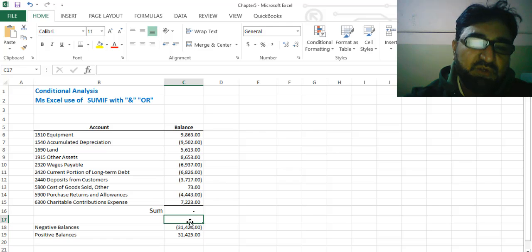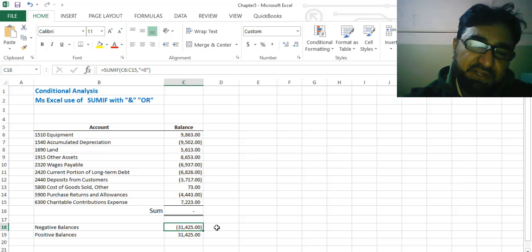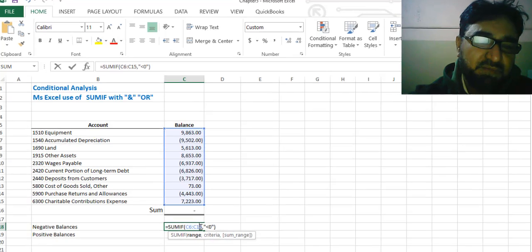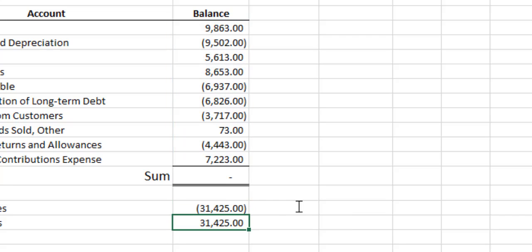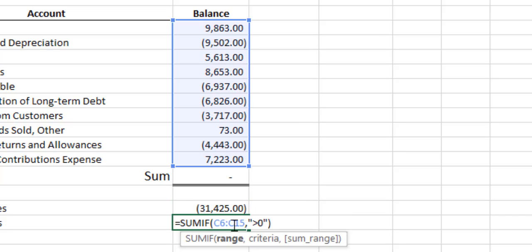But if you still want to know the total of the negative values and the total of the positive values, you can use this formula. SUMIF(C6:C15,"<0"), this will give you the negative value, and similarly, beginning your formula with the equal sign, write the function SUMIF, then give the range of this data C6:C15, ">0".